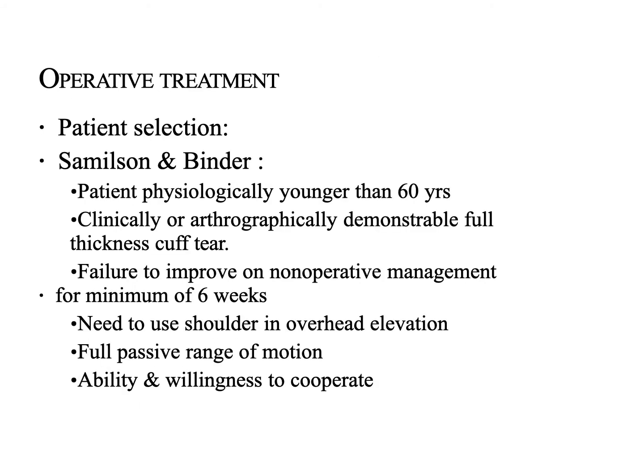Let us move on to operative treatment. Here patient selection is very important. Samuelson and Binder propose that the patient should be physiologically under 60 years, with a clinically or arthrographically demonstrable full thickness cuff tear, failure to improve on non-operative management for a minimum of 6 weeks, need to use the shoulder in overhead elevation, full passive range of motion, and ability and willingness to cooperate.